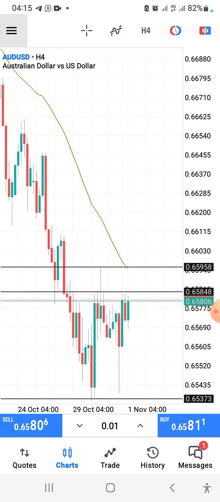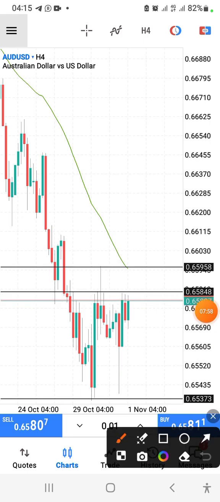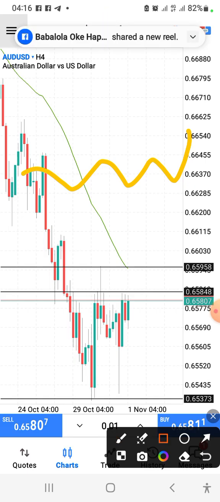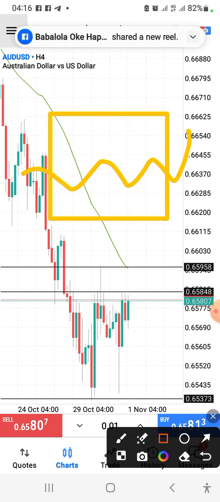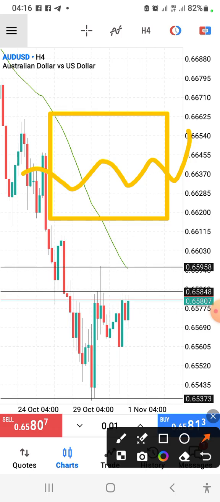And apart from that, if the moving average is like this, and the candlesticks are inside the moving average, that tells you that it's a range.